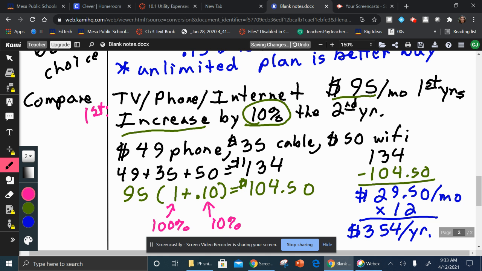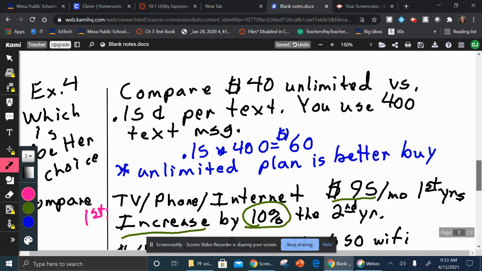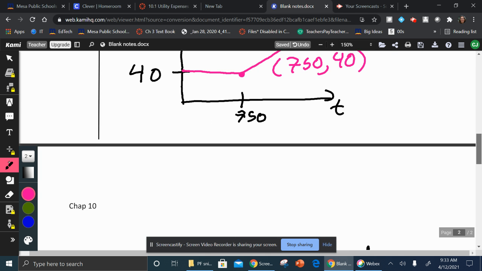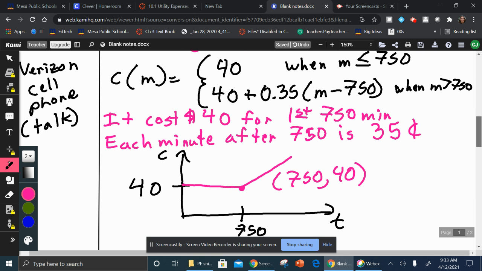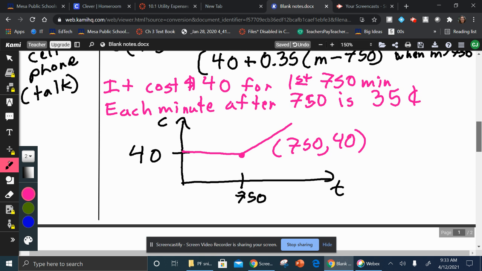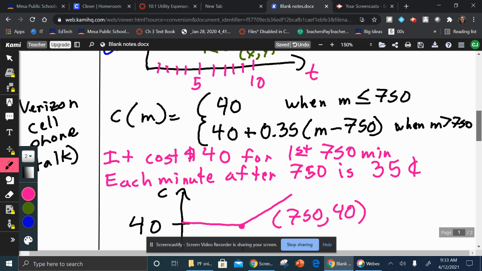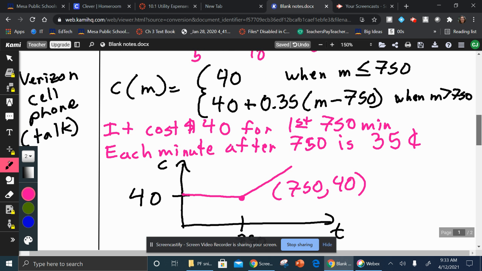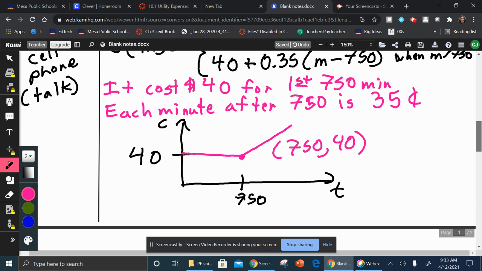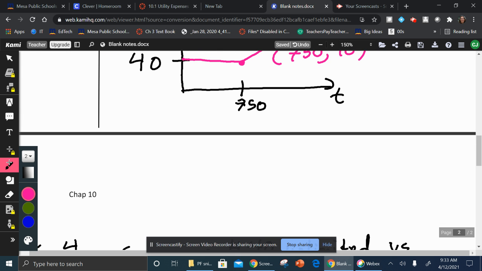Okay, everybody. I wanted to add one more thing on this. So let's say for the cell phone plan that you are doing, you wanted to compare it to an unlimited plan.